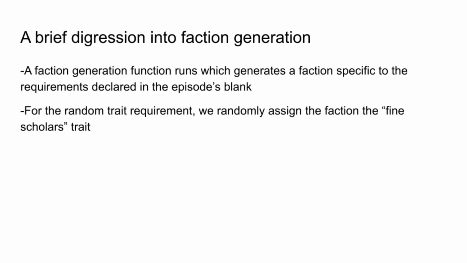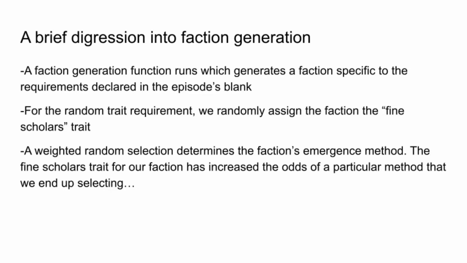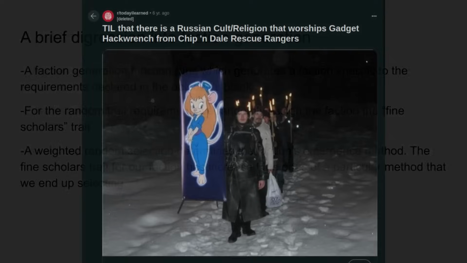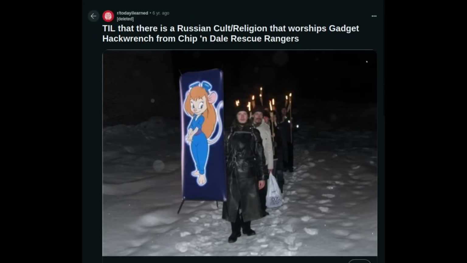And that'll increase the intelligence of the characters and the populations from our faction, and it also might increase the odds of generating an emergence method of this faction that says they came to power through a highly niche book club of nerds who were fully convinced by their own conspiracy theories that they made after reading terrible sci-fi novels. Something fun like that, yeah.